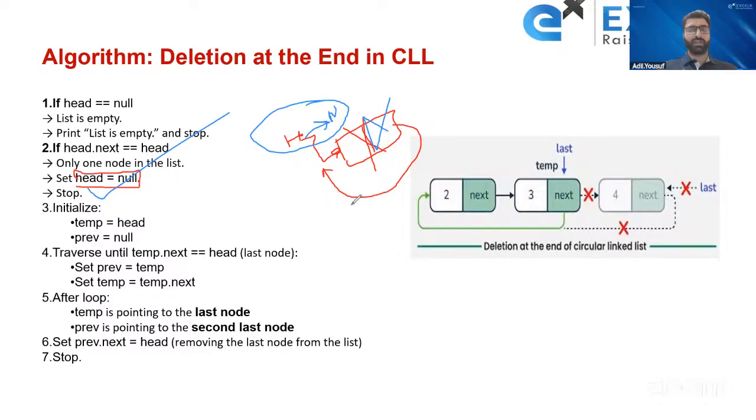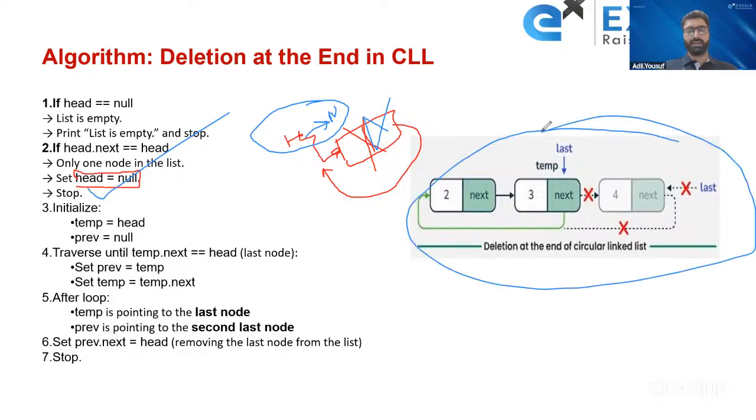Now what if there are so many nodes like this in a linked list? Then we will initialize a pointer again, the same pointer temp, like we did. So we'll set node temp equivalent to head and node previous equal to null.